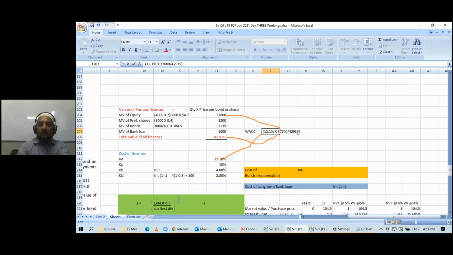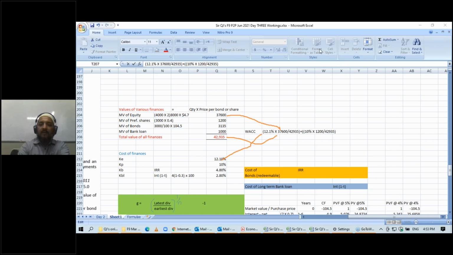Now moving on to the next portion. Next portion is cost of preference shares. So for cost of preference shares, it is 10%, right? So 10% multiplied by the value of the preference shares is 1200 divided by the total value of all the financing items, 42,935. Then moving on to the next item, which is bonds.